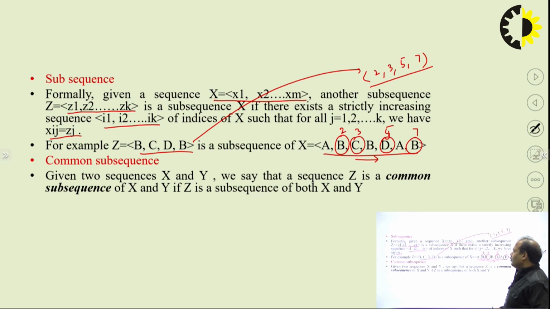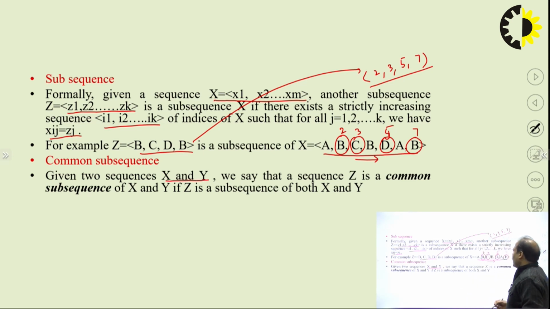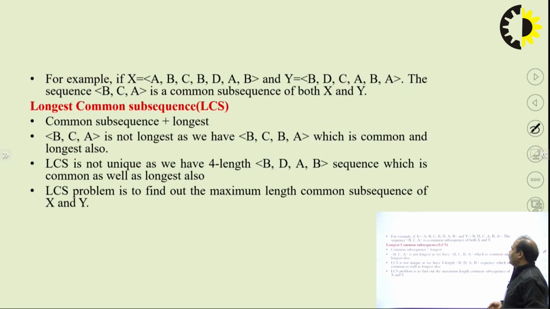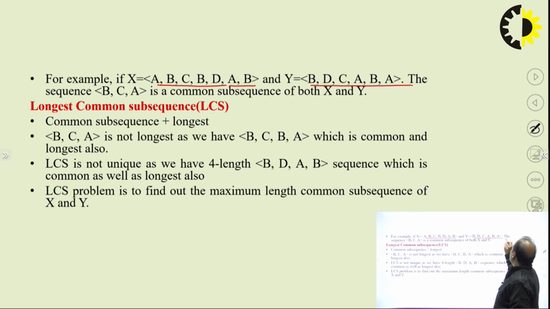Now the question is, what is a common subsequence? Given two sequences, let's say X and Y, we say that a sequence Z is a common subsequence of X and Y if Z is a subsequence of both X and Y. Look at here. Consider X is A, B, C, B, D, A, B and Y is another sequence.